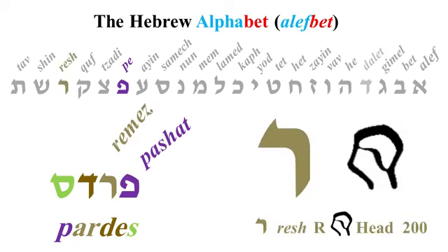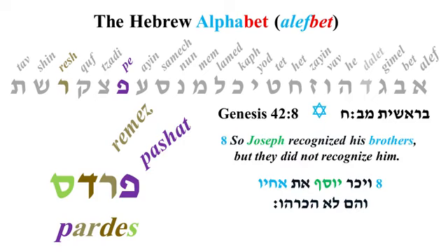Now, the remez level. There's a hint of something else happening here. They did go down to buy the grain, and in Genesis 42:8, they're standing before their brother, and it says, "So Joseph recognized his brothers, but they did not recognize him." Why didn't the brothers recognize Joseph?